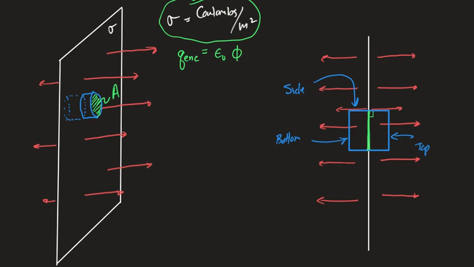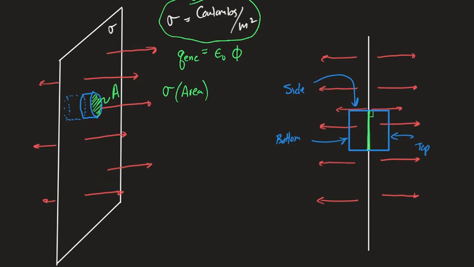You'll probably come to grips with the idea that eventually I'm going to be looking for the amount of flux, and it's going to also involve this area. So rather than using pi r squared or side times side, I'm just going to say that the amount of enclosed charge is sigma times the area of the top, or the area of the bottom, because the area of the top and the area of the bottom have to be the same.